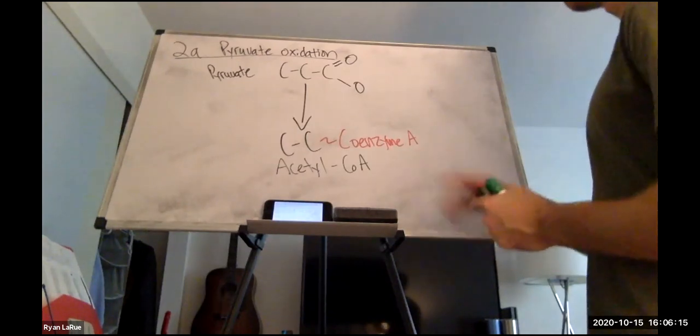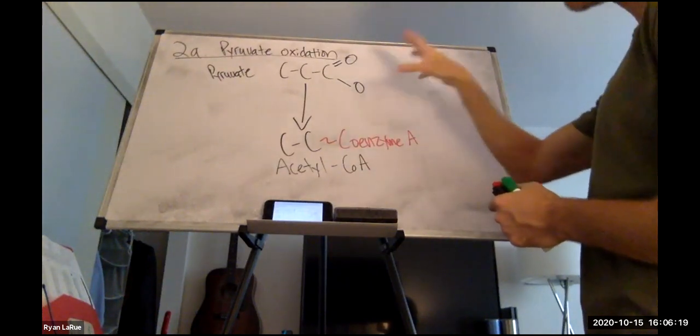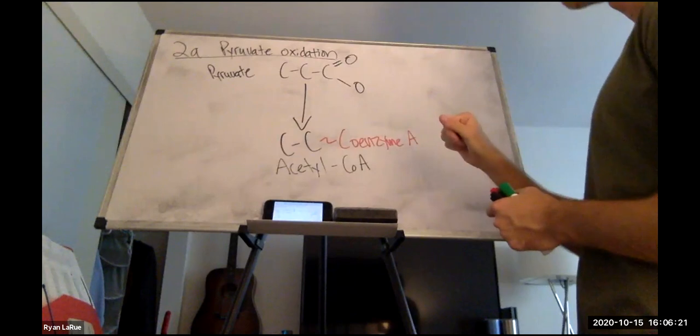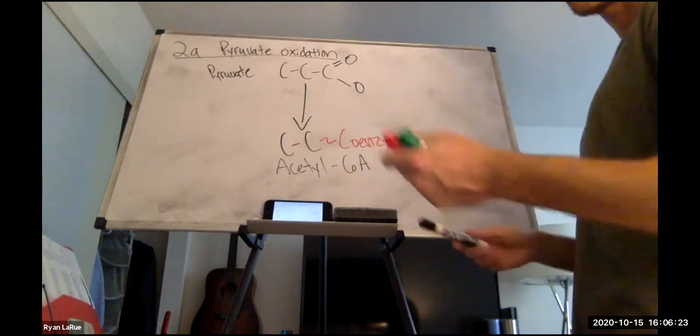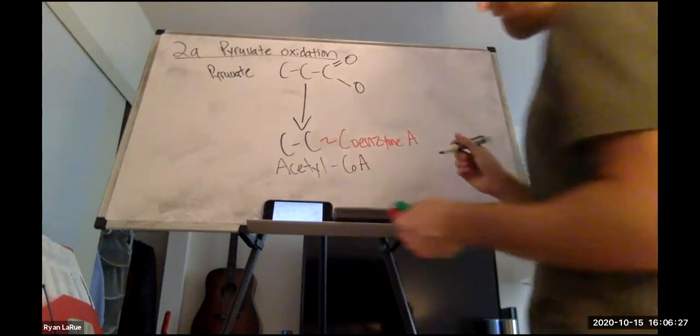Okay. During pyruvate oxidation, like it implies, we're going to oxidize pyruvate. So what that means is we're going to strip off electrons and hydrogen, right? As we learned, and form another NADH. So NAD plus 2 electrons plus the hydrogen ion becomes NADH.